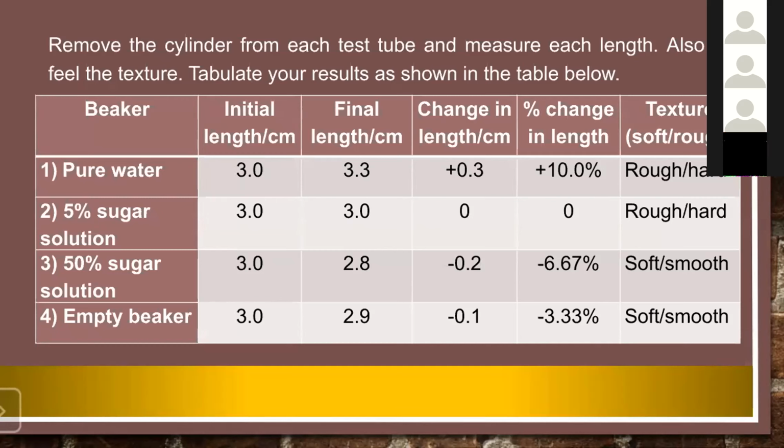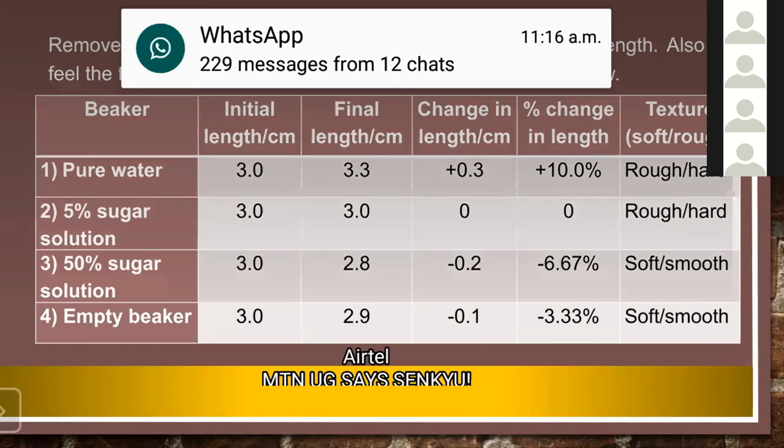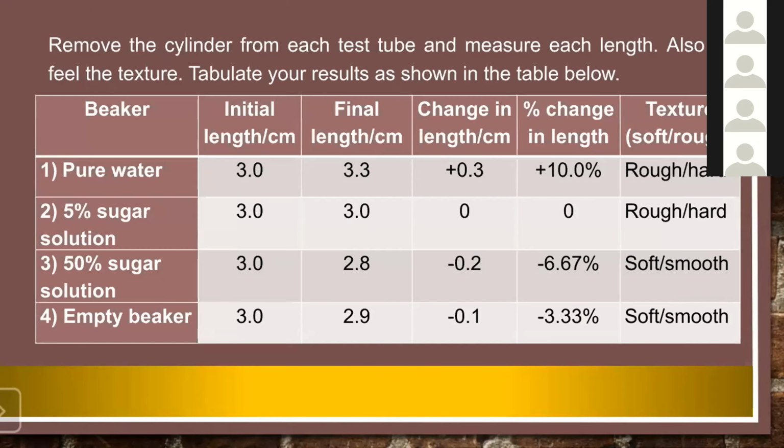Yes. When you are measuring the length of the tissue, beginning with that in pure water to a sucrose solution of 50%, we see the concentration of the external solution is increasing, while the length of the cylinders, the tissues, is decreasing. What does that therefore mean in terms of water in the tissues? Are they gaining water?